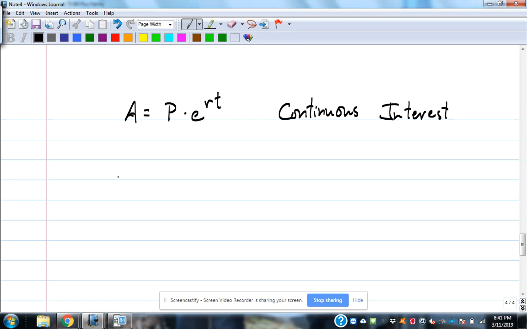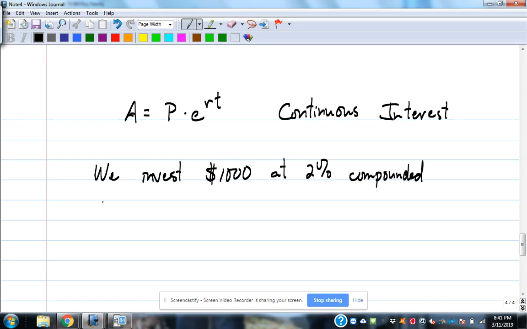So let's look at a problem that says, we invest, let's just do $1,000 at 2% compounded continuously for 12 years.